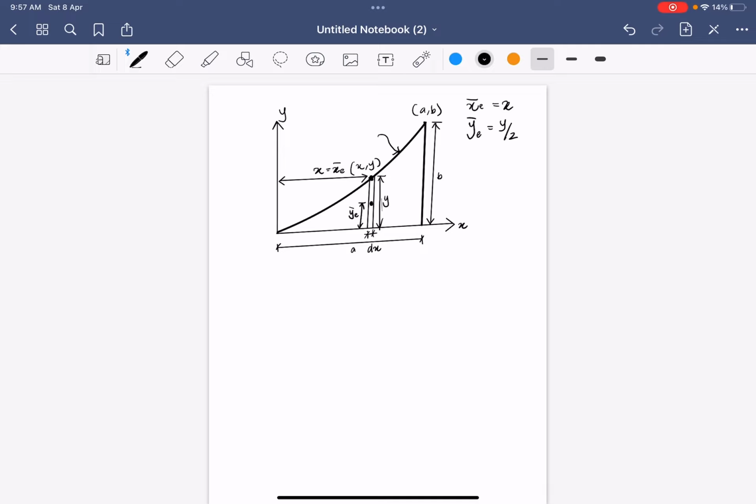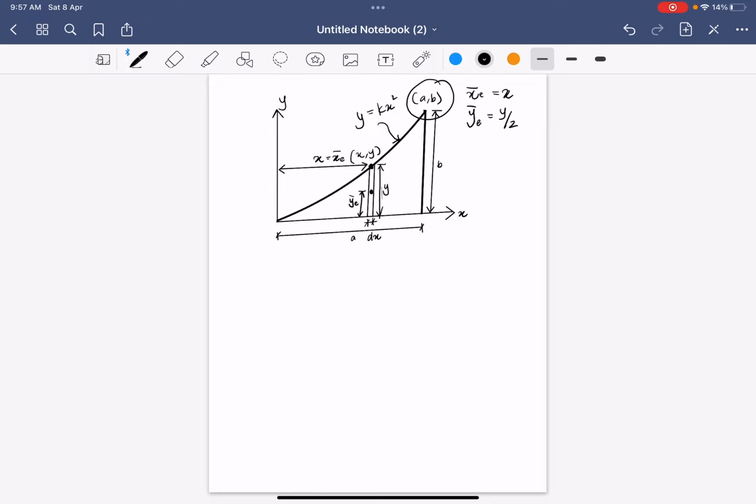Actually the equation of the line of this parabolic spandrel is y equal to kx squared. Now I'm going to define the k based on a and b.